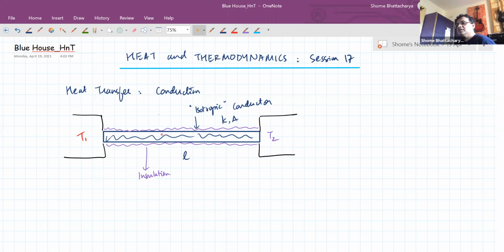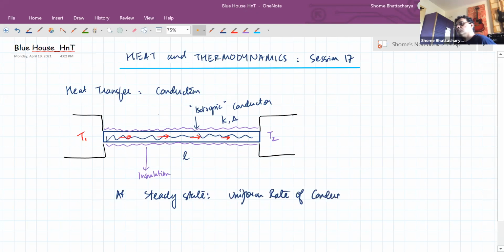In that case, we saw that at steady state there is a uniform rate of conduction, or what we call a heat current, or heat transfer delta Q by delta T, which is equal to the thermal conductivity into area divided by length into the temperature difference.